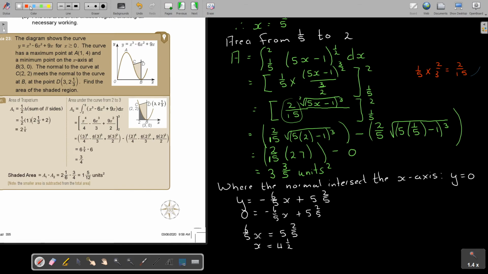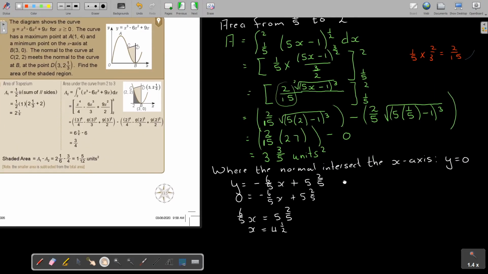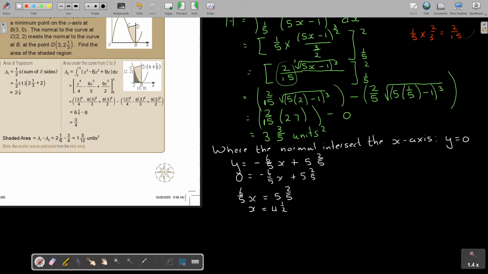What does that mean? Always think the whole time you're working, you must just think, what does that mean? What did I do now? I was finding this place here is 4.5. Okay, so this is now just the area from, let's just move it up a little bit, it was from 2 to 4.5.